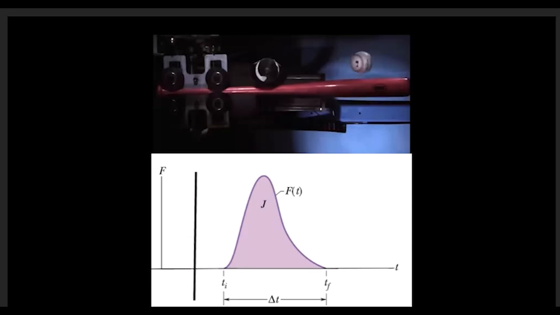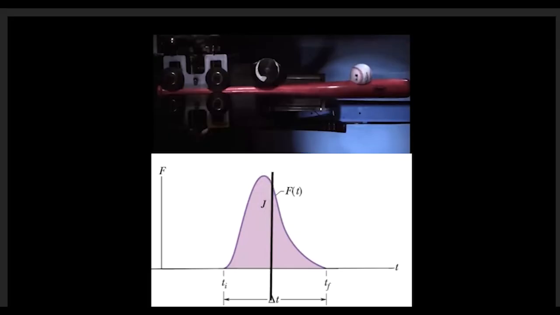Here we go. So before the ball hits the bat, of course, the force acting on the ball is 0. And as the ball first makes contact with the bat, that's when we see the force on the ball begin to increase. And as the ball deforms more and more, the force on the ball increases until at the maximum deformity of the ball, we see a maximum force exerted on the ball by the bat.